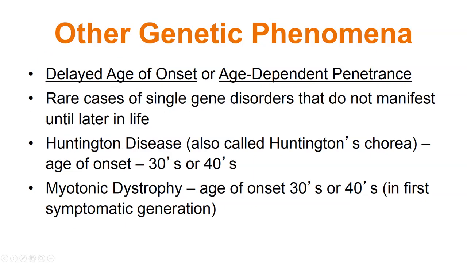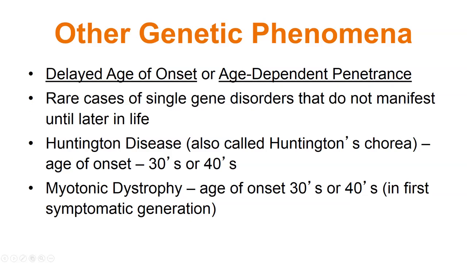Okay, some other genetic phenomena that could complicate things. You also have some diseases where you have a delayed age of onset. I've also seen recently where somebody called it age-dependent penetrance. I think delayed age of onset is more common, but age-dependent penetrance is something I've seen as well.